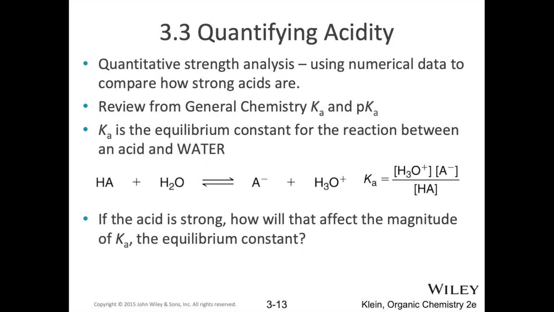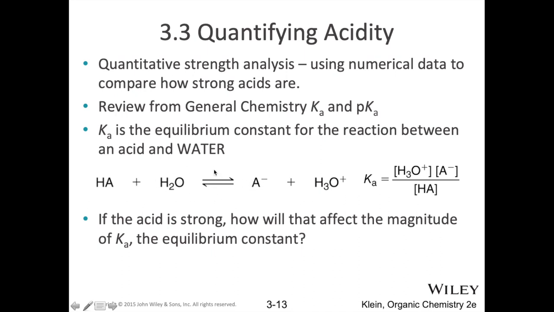This gives you a numerical idea of how strong an acid you're dealing with. Remember, an acid is something that gives off hydronium, and a strong acid gives off lots of hydronium. So if you have a really strong acid, you're going to have a lot of these products. This reaction is going to go closer to completion.